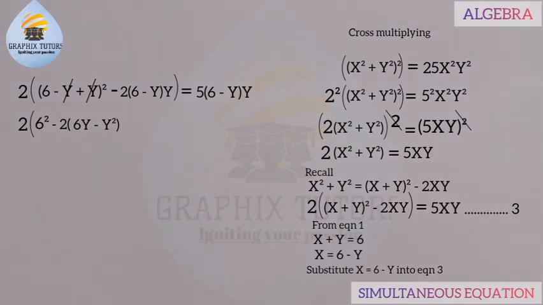Now I'll close the bracket, equals to 5 into bracket y times 6 is 6y, y times y is y squared. I'll close the bracket.